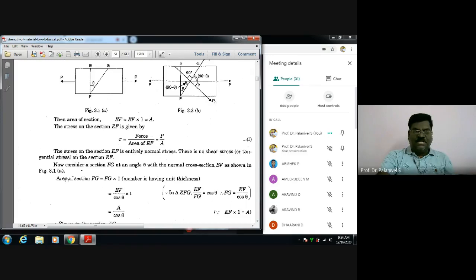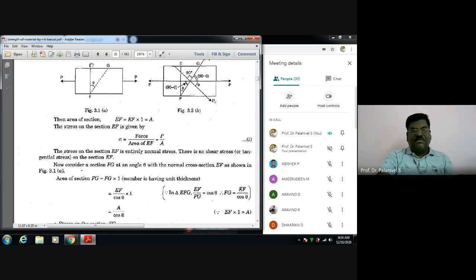Area of the section FG is equal to EF divided by cos theta into 1. Why 1? The member has unit thickness. So the area of section FG is this length FG times the unit thickness perpendicular to the monitor. That's why the area of cross section here is FG, and the area of cross section EF.